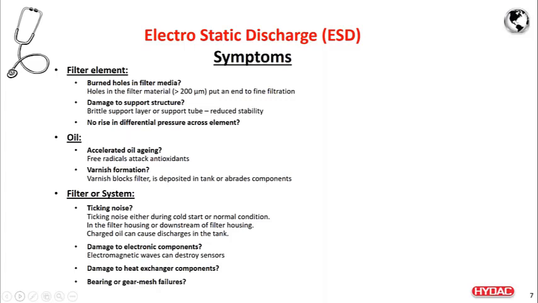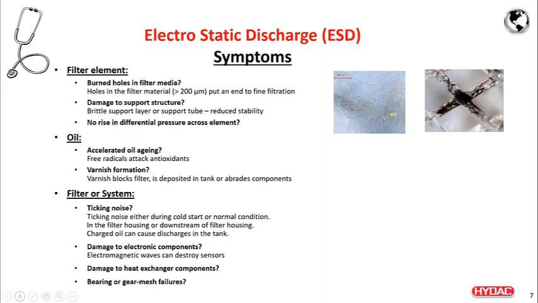And that answer could be no as well. So if that answer is no, that means the application is having electrostatic discharge causing larger holes in the media and making it more porous and allowing the contaminant to go through those pores, not causing the higher pressure difference. So you might be seeing something like this.